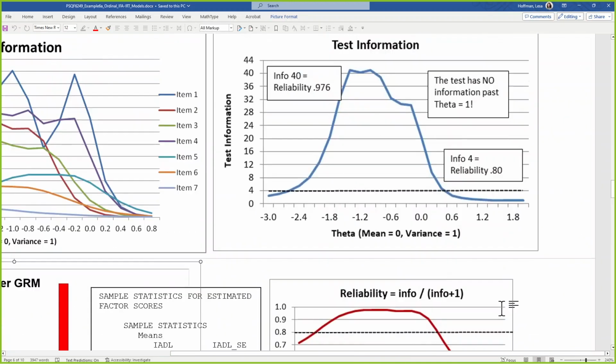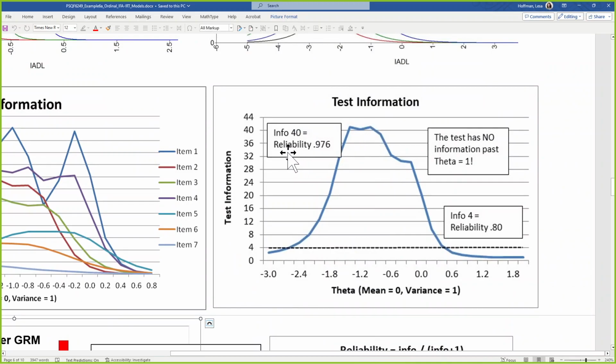So I don't have it in this picture, but 1 over the square root of test information is your theta standard error. So you can picture the inverse of it, where there's very little information on the low end and the high end. The standard errors would be very large, and then the standard errors would decline as you get into the zone where we actually do have information.